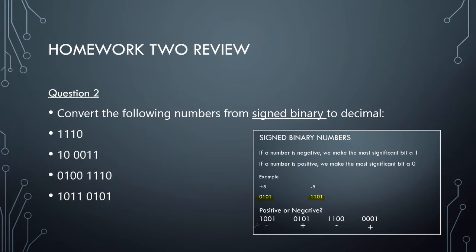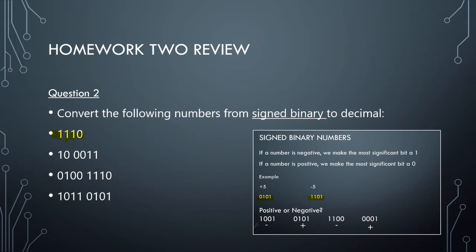So now I have pulled these 4 numbers in bullet points back on the left from your homework, and I just want to review these real quickly. The first number, we're looking at the most significant bit, and we see it as a 1, so we know that this should be a negative number. Then if you'll recall the place values, the first place value after the most significant bit will be a 4, the next will be worth 2, and of course 0 is 0.